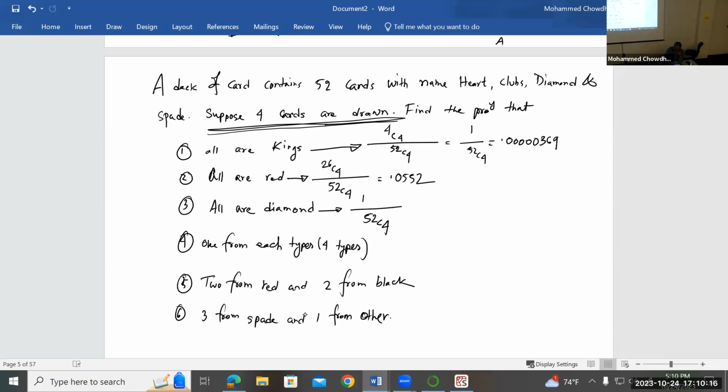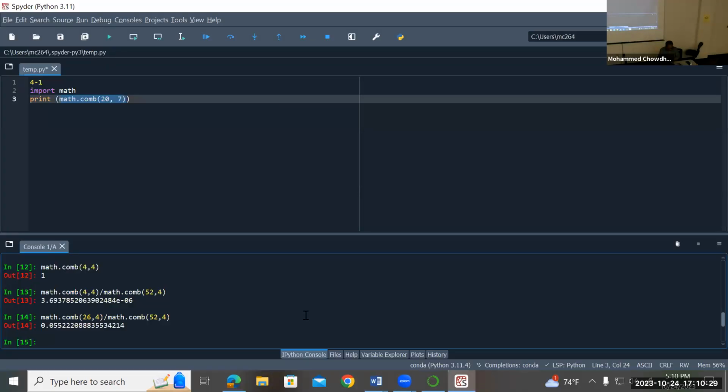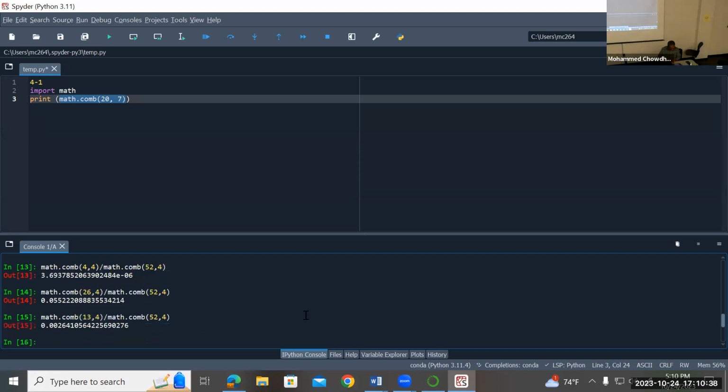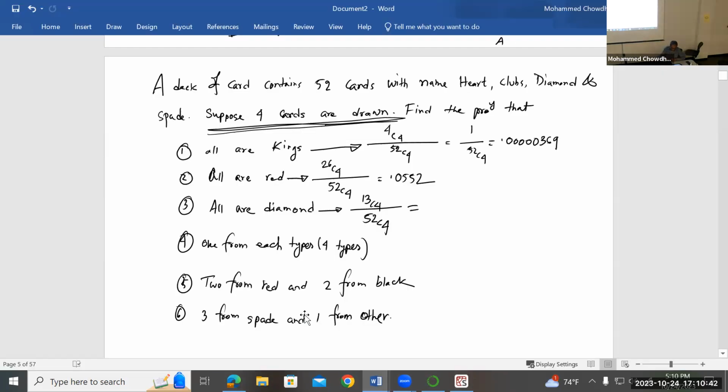So then 13 choose 4, right? 13 choose 4. The answer is 0.0026.